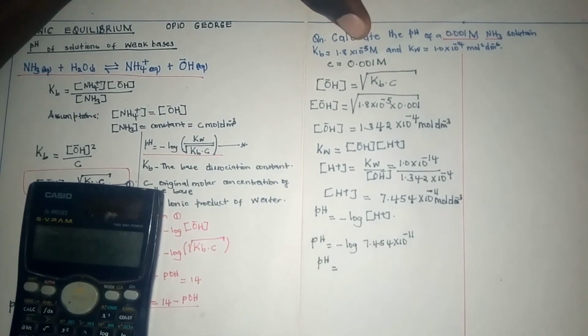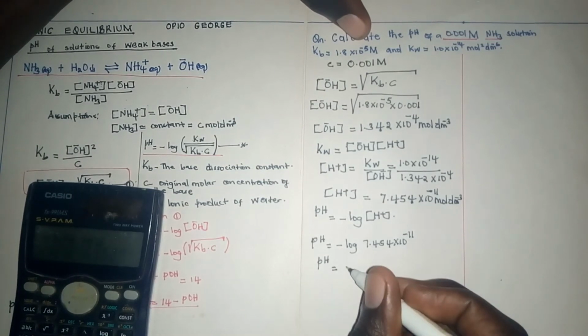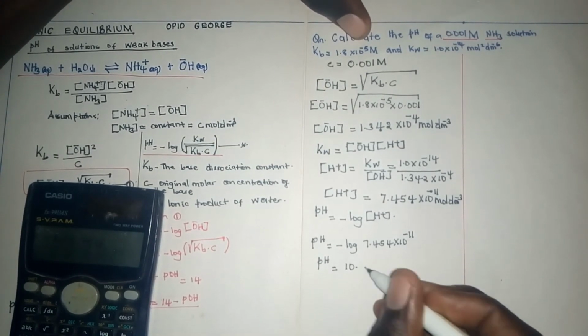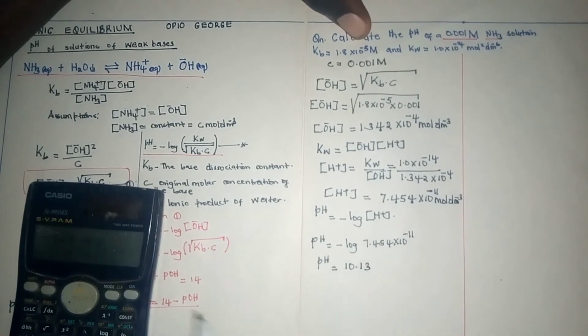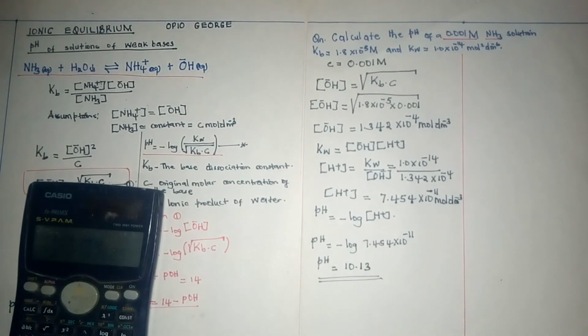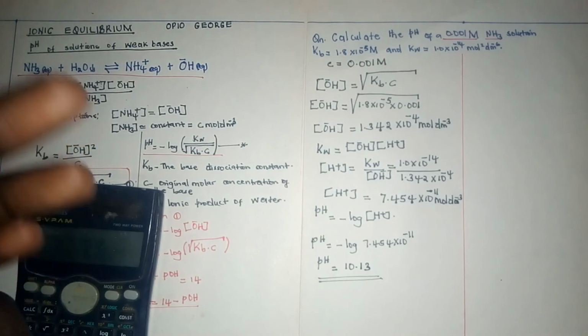So what we want to do is to get negative logarithm of our answer, and this would give us the pH of 10.13. It is 10.128, so we can round it off to 10.13. So this is our pH of a solution of 0.001 molar ammonia solution, and that is the simplified calculation.